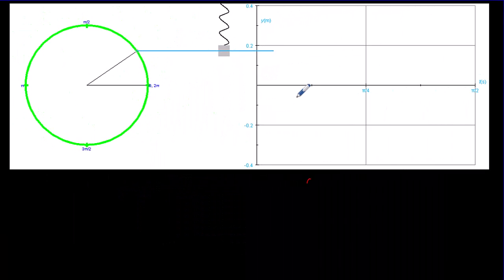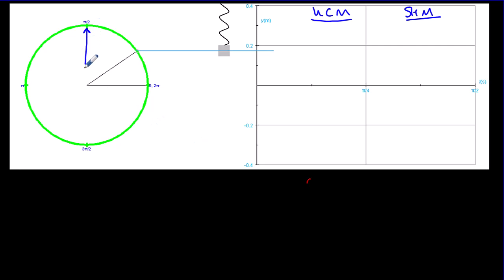So we've really got this analogy going between uniform circular motion and simple harmonic motion. And we can say things, for instance, like there's a radius in uniform circular motion. And what it becomes in the simple harmonic motion, what it's analogous to, would be the amplitude, the maximum displacement.